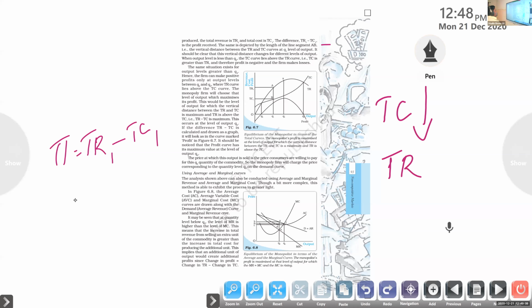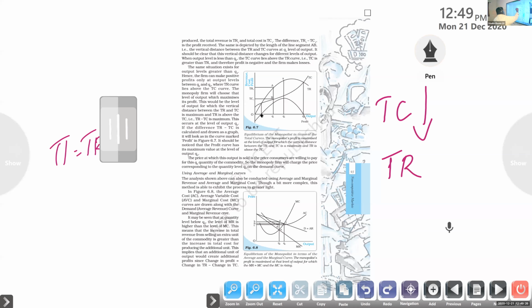It should be clear that this vertical distance changes for different levels of output. When the output level is less than Q2, the TC curve lies above the TR curve, that is, total cost is greater than TR.